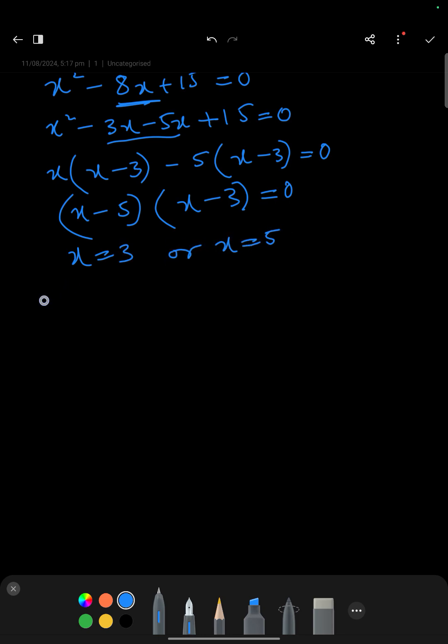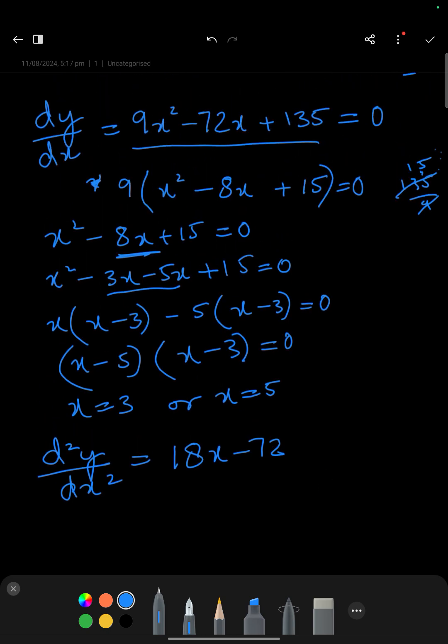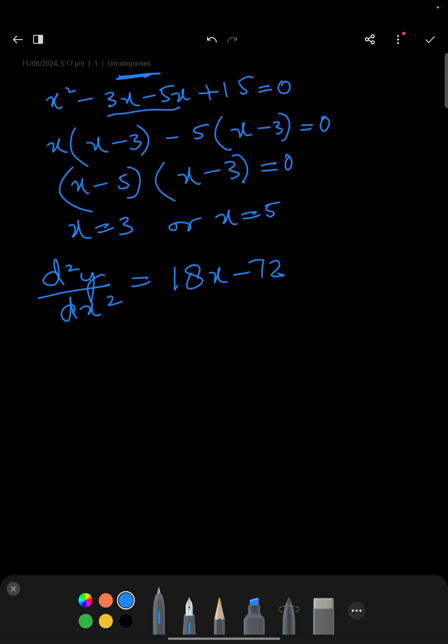Now we will do the second order differentiation. So second order differentiation will be 18x minus 72, when we differentiate this 9x square minus 72x. So let's put the value of x in this, because we don't know whether it is positive or negative.